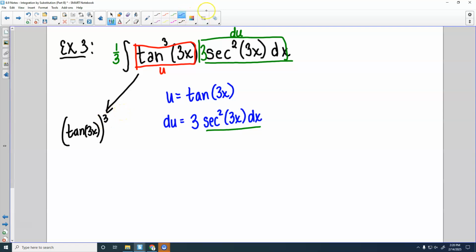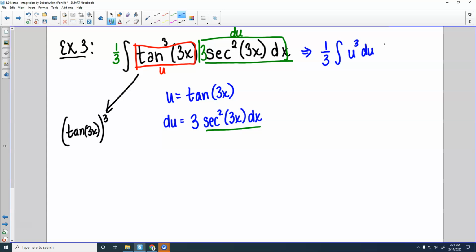So what we can do here is rewrite this as 1/3 the integral of u cubed du. Not always, but a lot of times the trig goes away completely once you switch to u's. It's going to come back at the end when you sub back in.